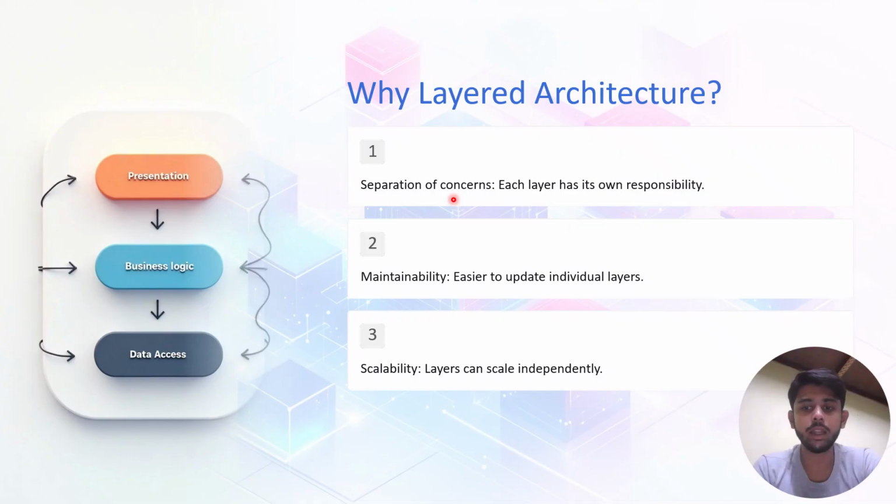Why is layered architecture important, or why should we go for layered architecture? First of all, separation of concern. Each layer has its own responsibility. Maintainability, easy to update individual layer. Scalability, layer can be scaled independently.